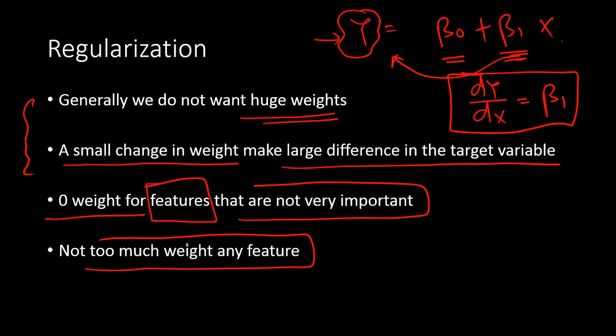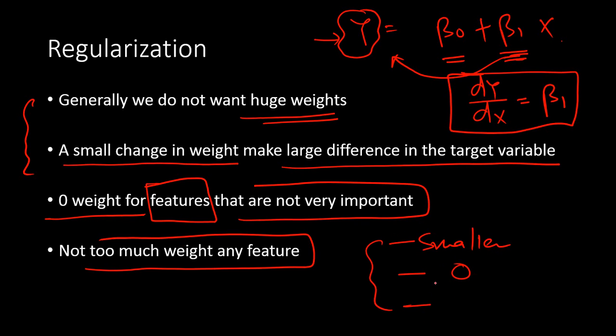Not a single feature in the model should get extremely high weight, because that becomes a very important variable, and it could cause problems, because any change in the new data could bring disaster to the model if one or a very few features are so important. So the two important things: smaller weights, and if some feature is not very important, then zero weight. And none of the weights of the features should be very high. That should not be the case.